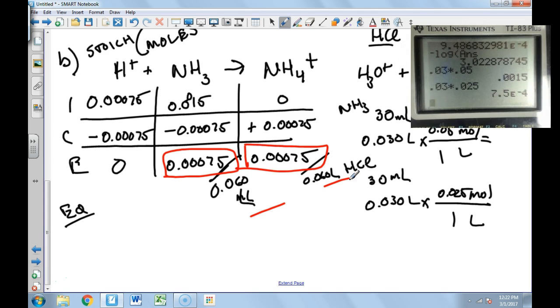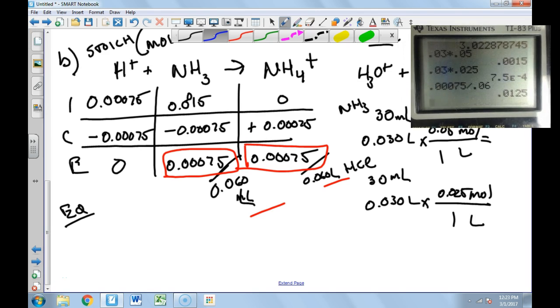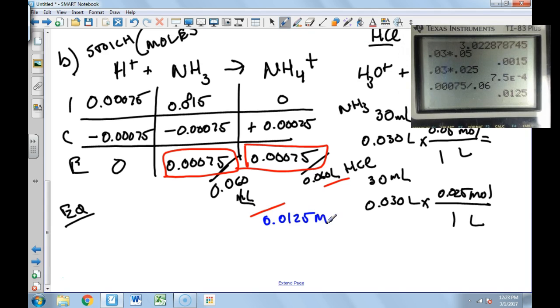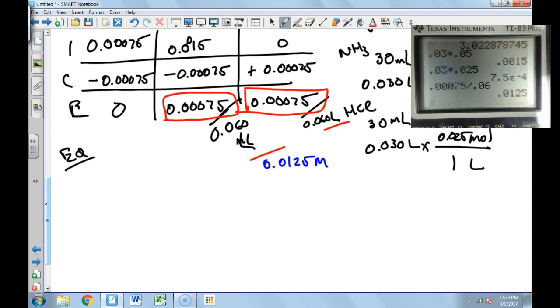So now let's do that. Okay, so 0.00075 divided by 0.06, and so that concentration now is 0.0125 molar.